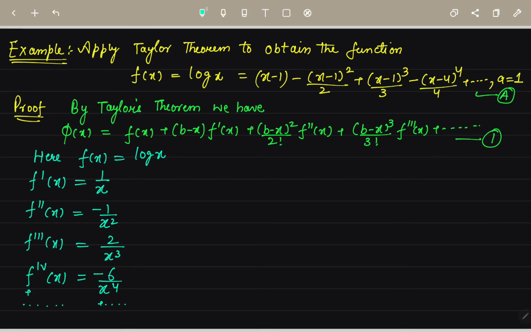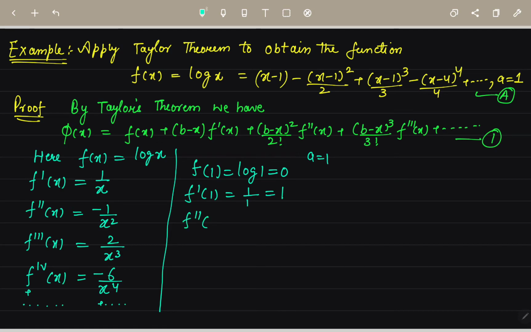Now I will find the value of these functions at 1, because here a is 1. So f of 1 is equal to log 1, and we know that the value of log 1 is 0. Similarly, f dash at 1 is equal to 1 divided by 1, and this is 1.